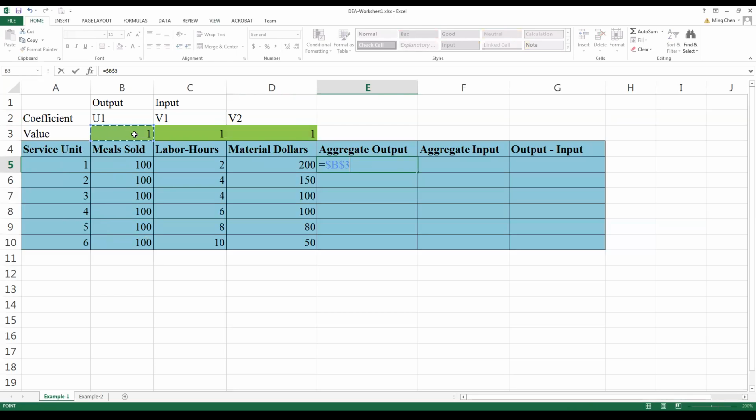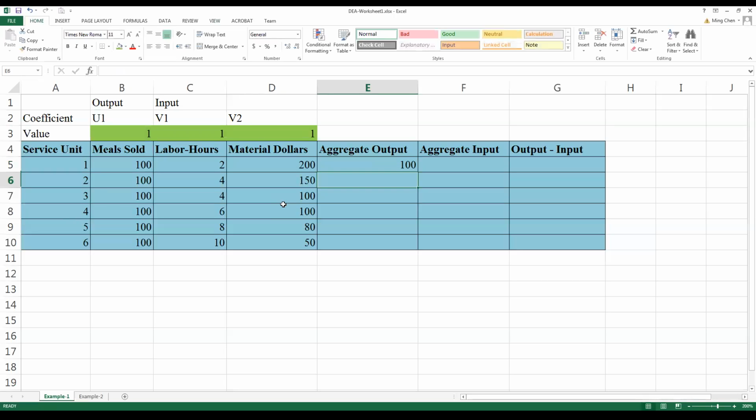That's why I lock B3, times the corresponding output for service unit 1, which is 100, B5. So that is the aggregate output for service unit 1. Different coefficients will give different values, so make sure I lock B3.